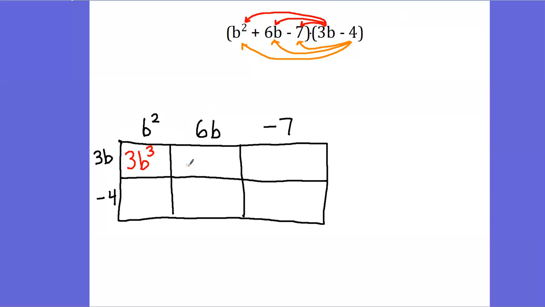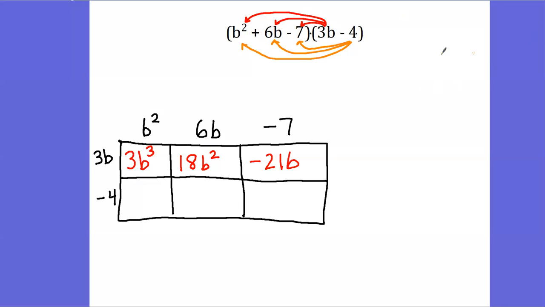So 3 times 6 is 18. B times b is b squared. I need to take 3b multiplied by negative 7. 3b times negative 7 would be negative 21b. So I've distributed the 3b and I've multiplied it by each of these three terms.